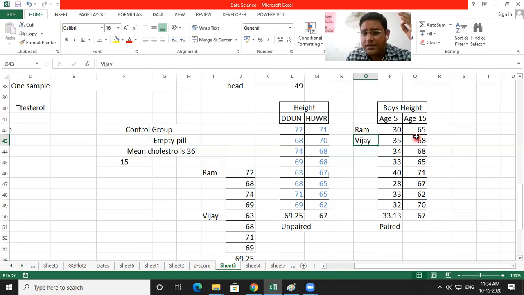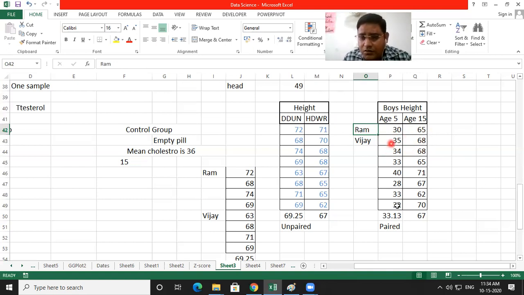Yes, this data will be destroyed because this another record also belongs to Ram. At the age of 5, he was having 30 inches of height, and at the age of 15, he was having 65 inches of height. If I rearrange the data at the age of 15, the data will be destroyed.